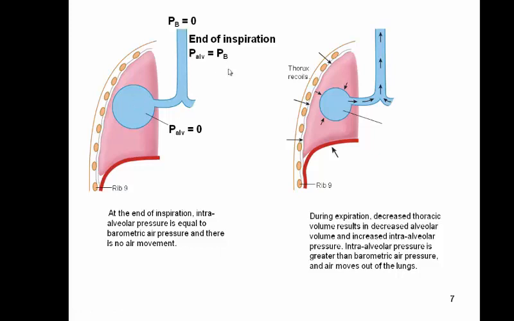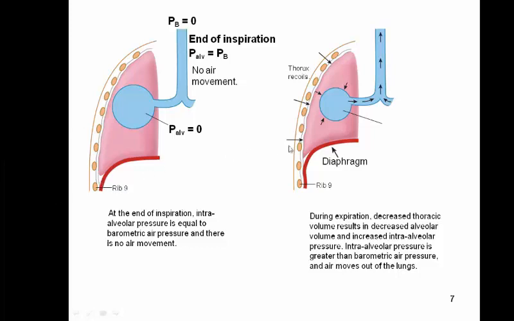And when we have that slight increase in the internal pressure of the alveolus, the alveolar pressure will equal the barometric pressure for a short period of time, and we don't have air movement. We don't have a net movement of air. So everything stays where it is.